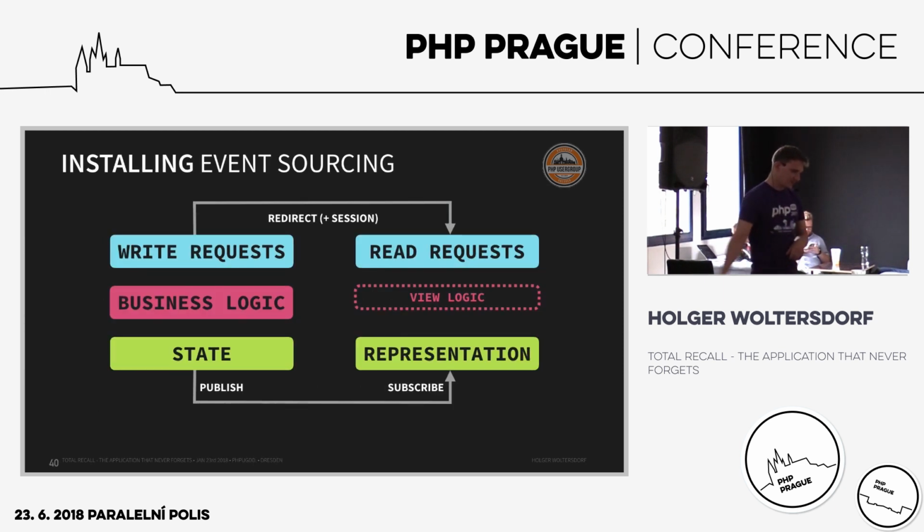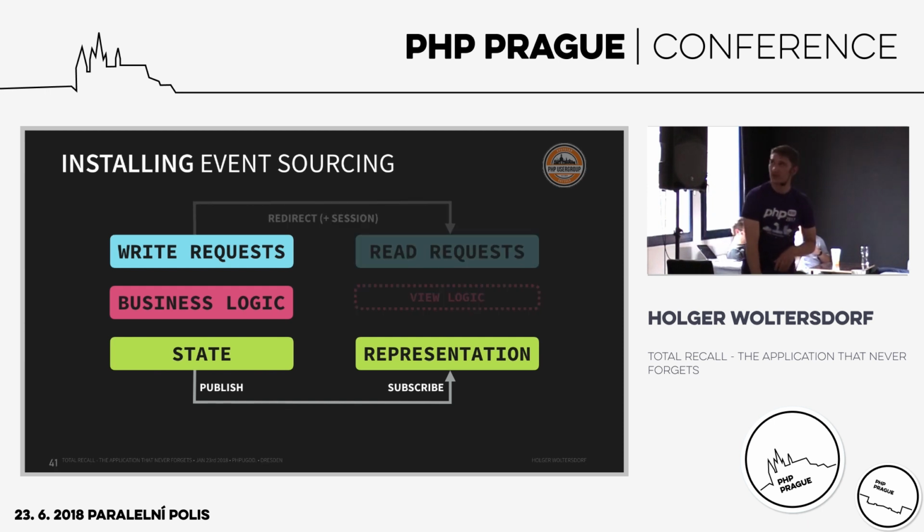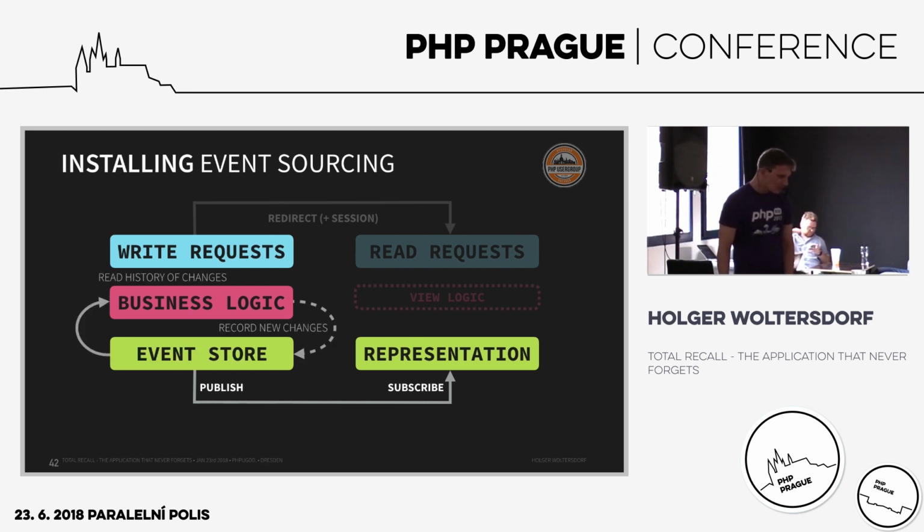So let's remind ourselves of this picture that we had before. How do we come from a state change to a representation? What we have to do is look at our right side and at our representation. When you do event sourcing, you're replacing your state, so your database, with an event store.